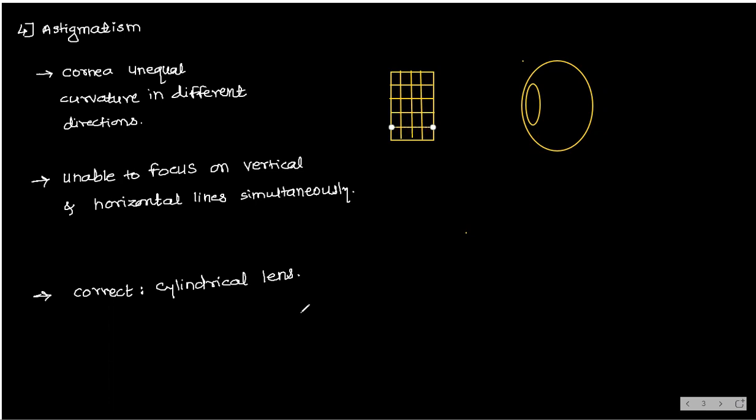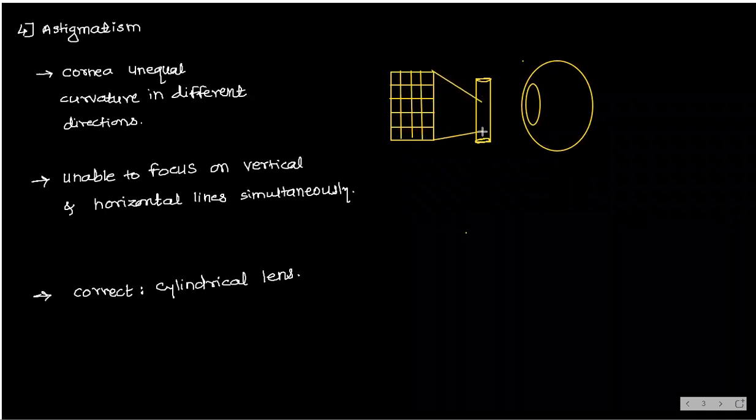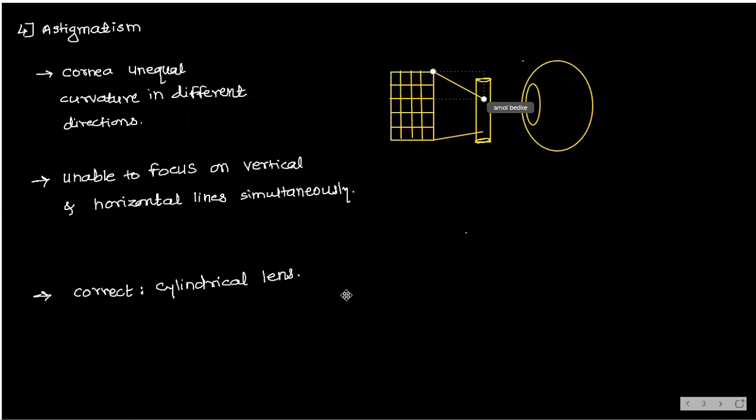So like this object is there, then we should use one cylindrical lens like this, so that he can focus on both vertical as well as horizontal lines.